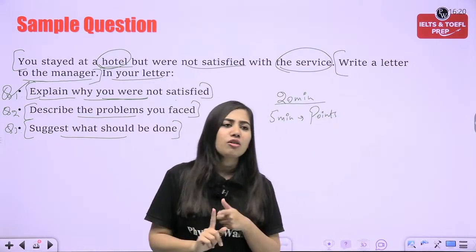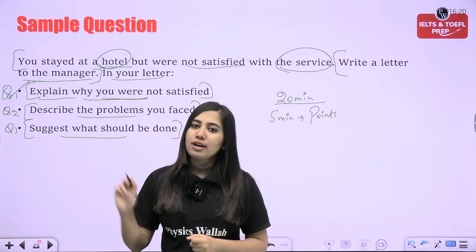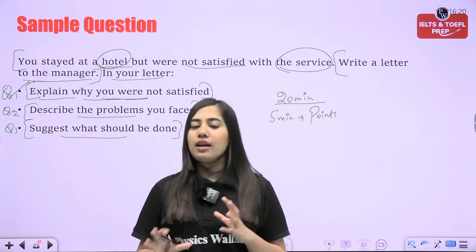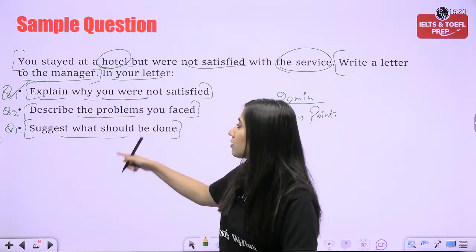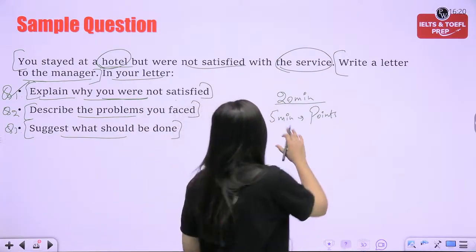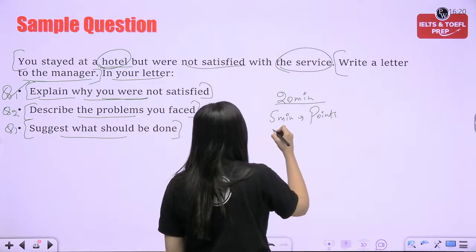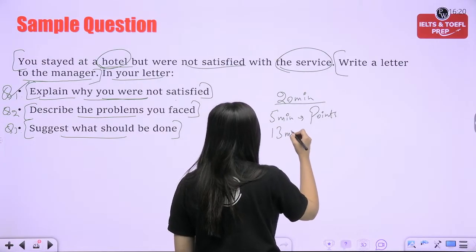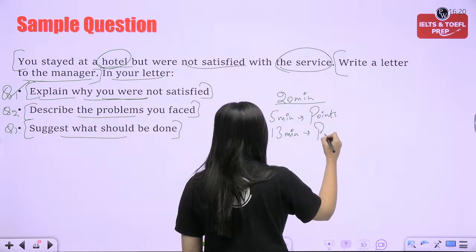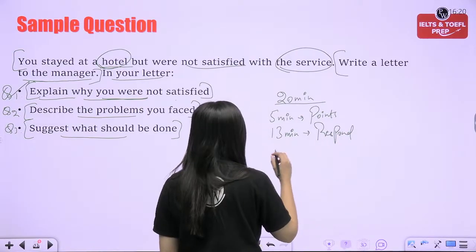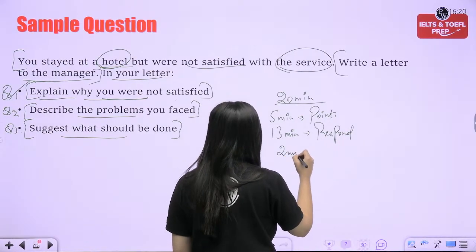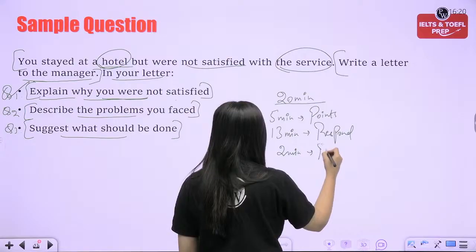You will have rough paper with you. Over there, you can just write it down so that you have clarity about what all you're going to write in your body paragraphs about these pointers. So spend your 5 minutes on that, and then 13 minutes you will respond. You will have the response time, which is 13 minutes, and in 2 minutes you will do revision.